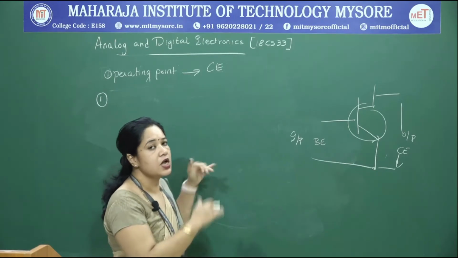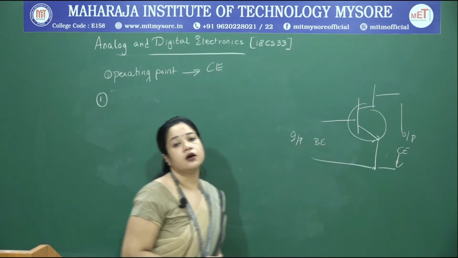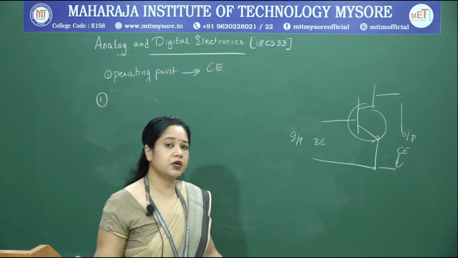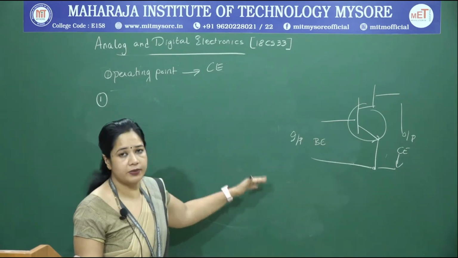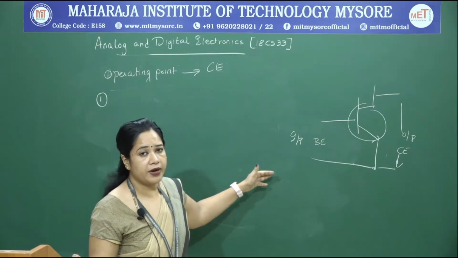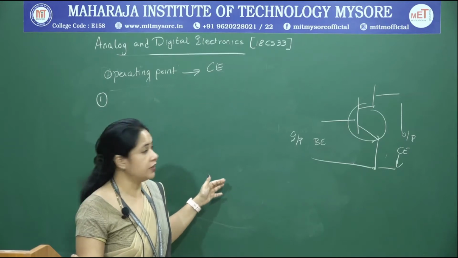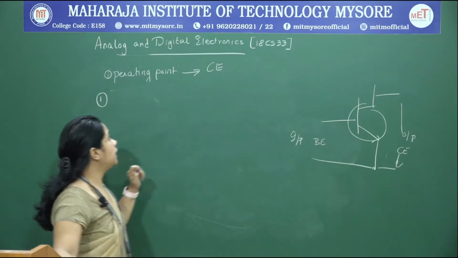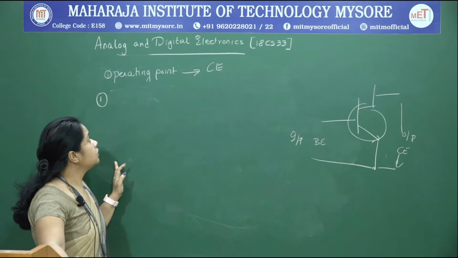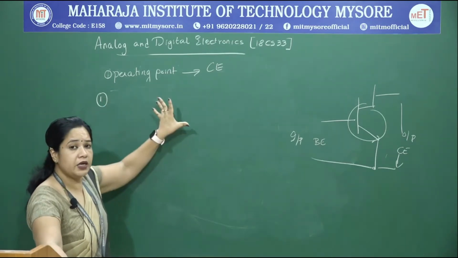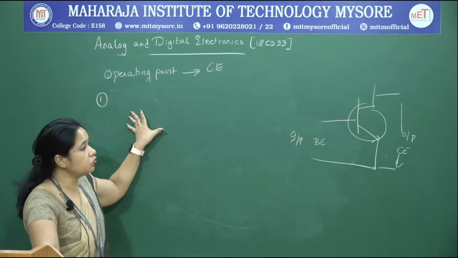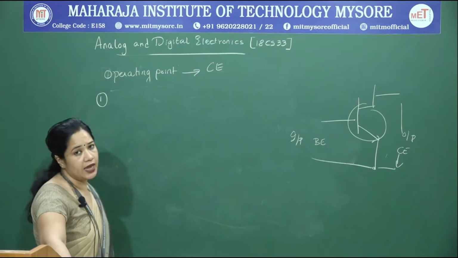Because the emitter is held common between the input and output, we call it common emitter configuration. All our discussion I limit to common emitter configuration because of the advantages it provides, which we have shortly discussed. Now, we need to see what should be considered in order to keep our transistor in the active region.